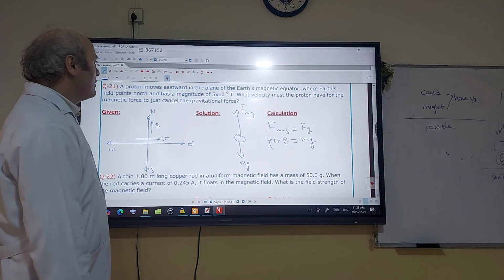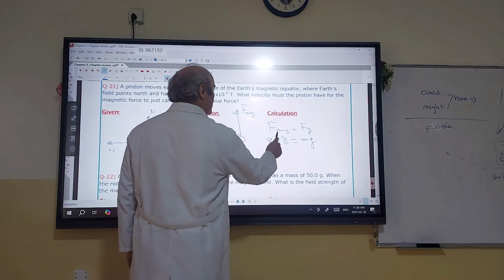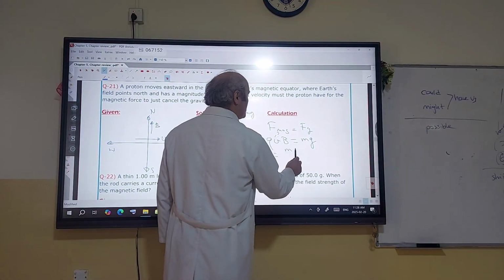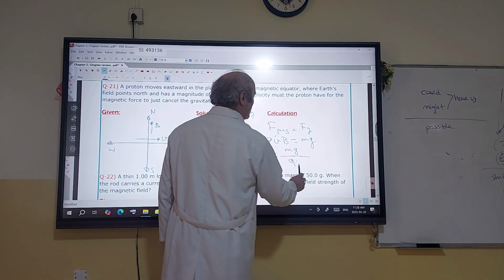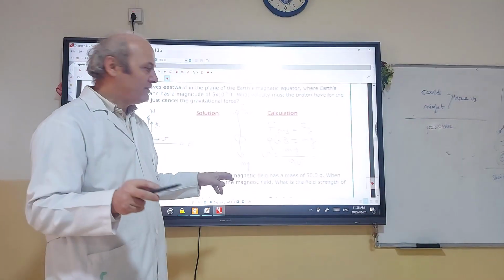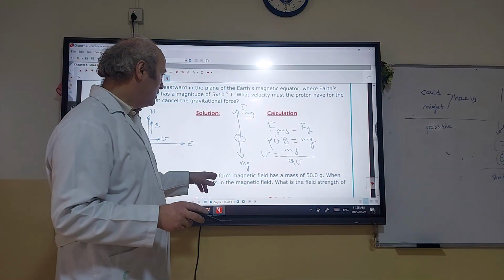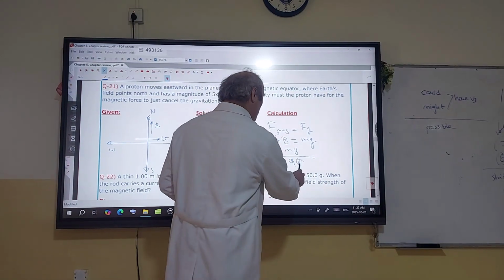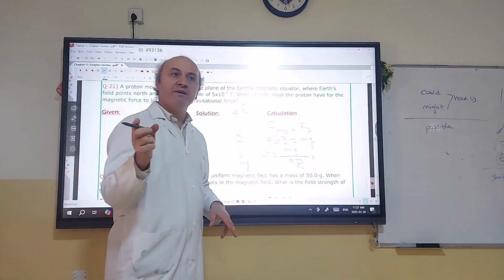Then velocity is the unknown. Find the velocity: v is equal to mg divided by qB. The mass of the proton will be given in the problem.